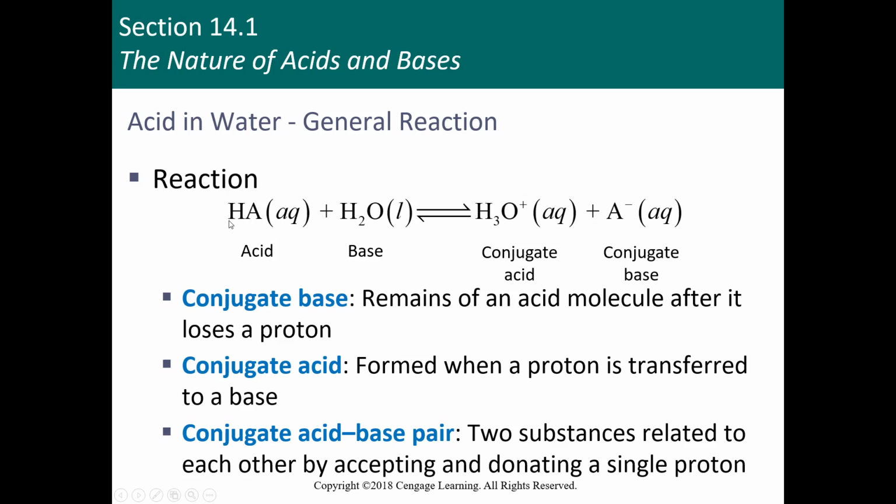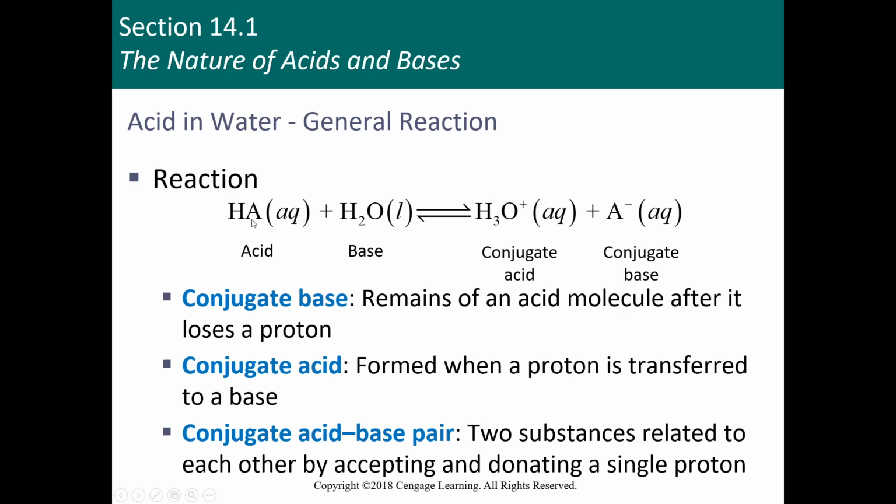So this could be something like HCl, HBr, HF, but it also could be something like HNO3. Okay? It could be a very great variety of things. It's just a general representation of an acid.